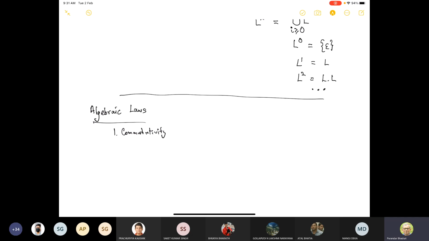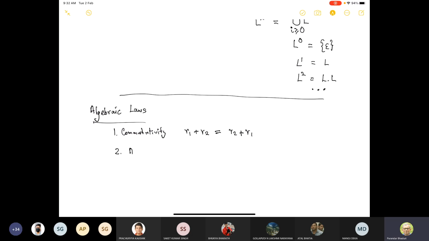Okay, so it doesn't matter whether you write R1 first and then R2, or R2 first and then R1. Why? Because union is commutative. So L(R1) union L(R2) is the same as L(R2) union L(R1).